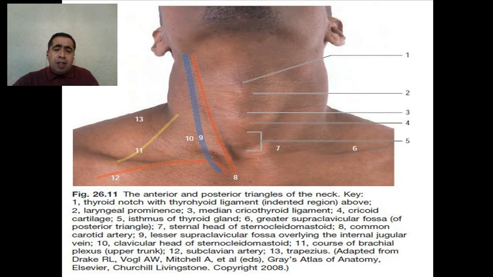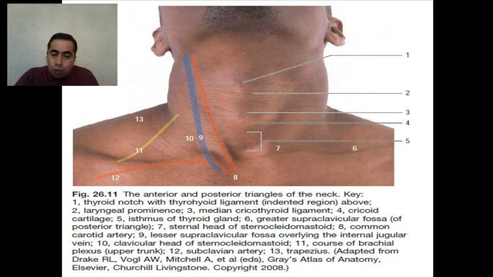I mean the medial and the lateral heads. But the right common carotid artery, its beginning point corresponds to the sternoclavicular joint, to the right sternoclavicular joint.